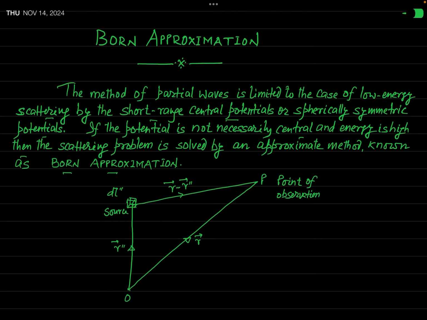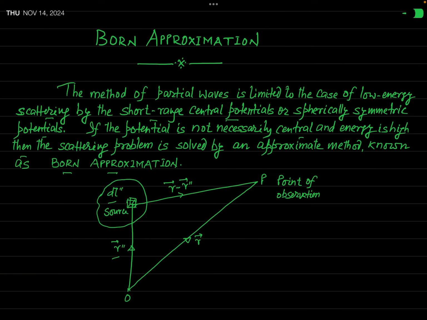So now let us see this figure. O I have considered as an arbitrary origin, and here there is a source of potential, and from this source of potential I have considered an elementary volume which I have denoted by the symbol d tau double dashed. With respect to this arbitrary origin O, the position vector of this element is r double dashed.